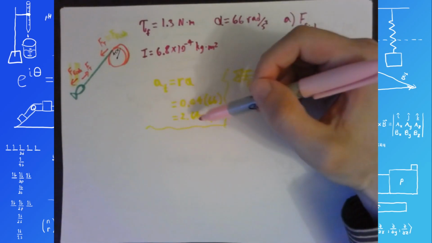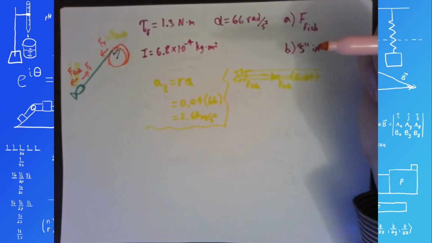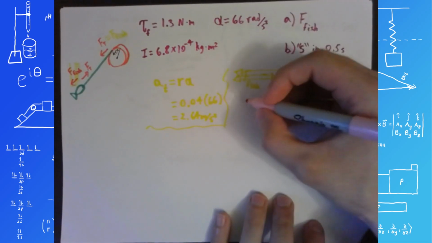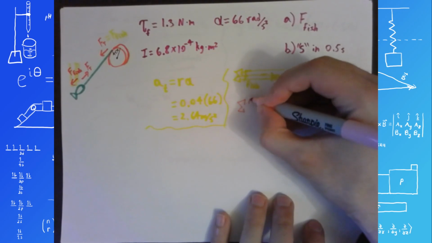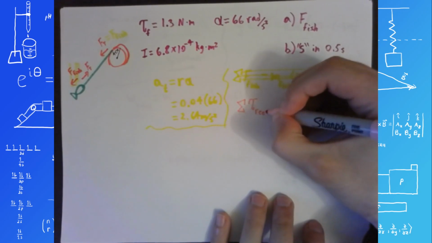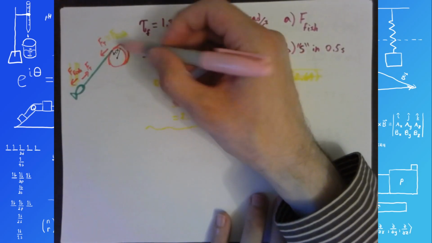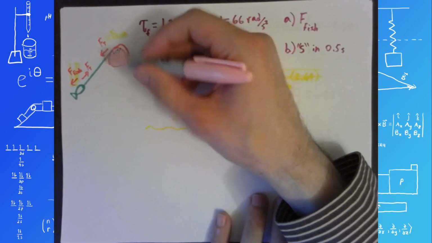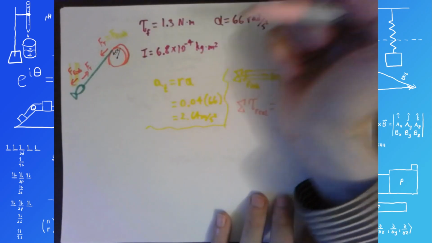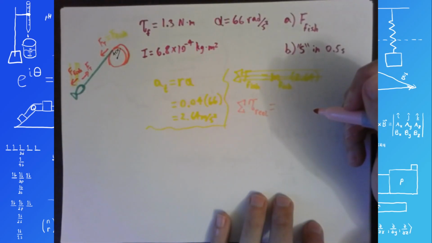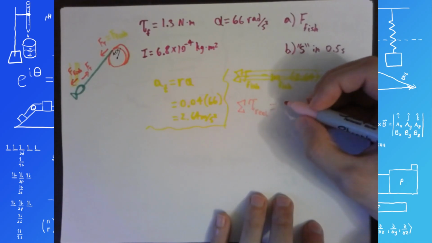Then where do I want to go from here? If I already have the tangential acceleration of the line, then I guess we can write a net torque equation for the reel itself. So let's see, net torque on the reel equals, I'm going to say it's the sum of the counterclockwise torque caused by the force of tension, also known as the force with which the fish pulls, minus the torque due to friction, which would have to be then in the clockwise direction.